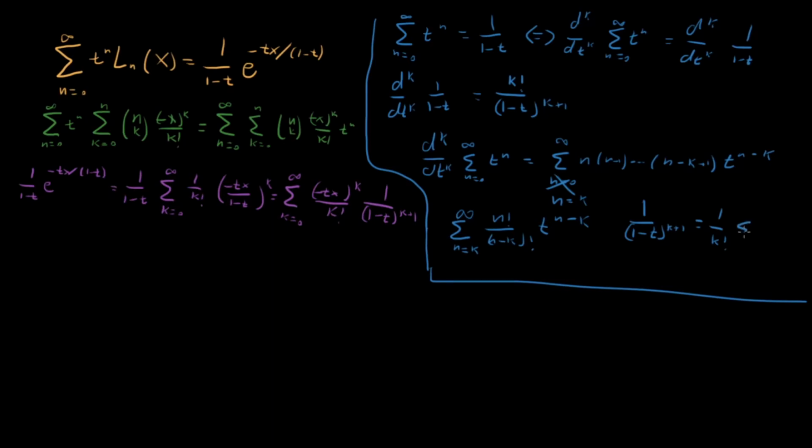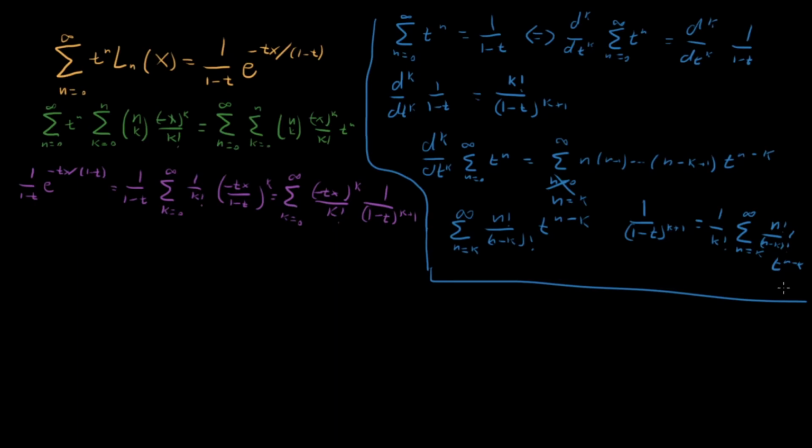Then we have sum n equaling k up to infinity, n factorial over n minus k factorial times t to the n minus k. Okay, great. Run out of space, but all right, we're all good.